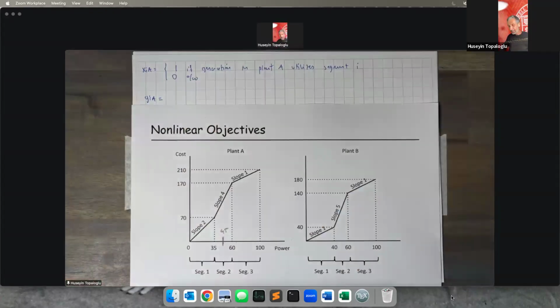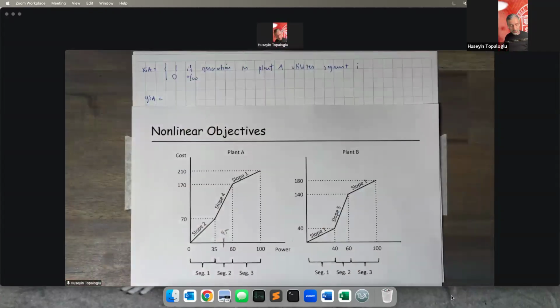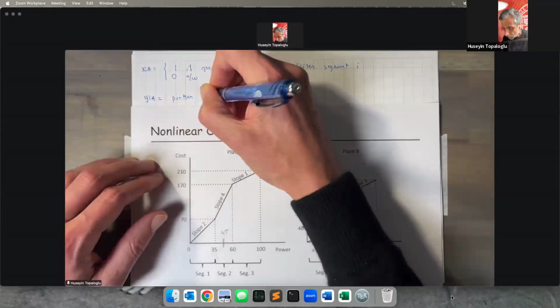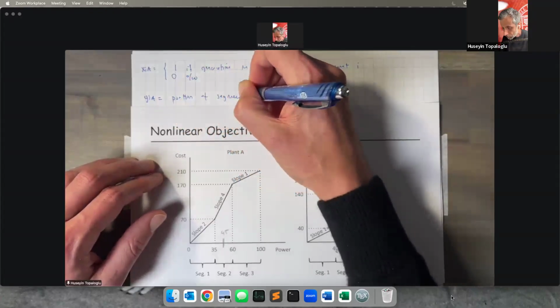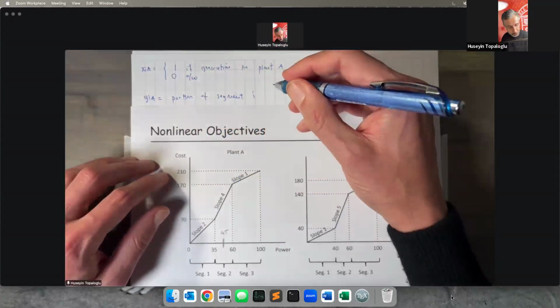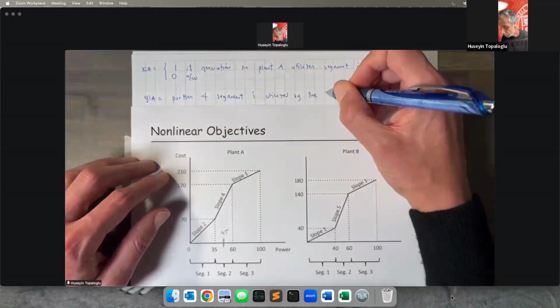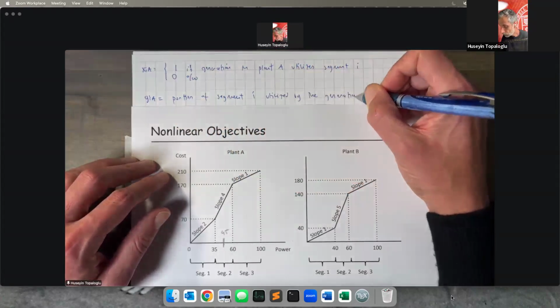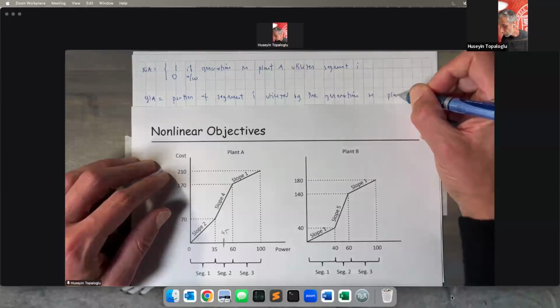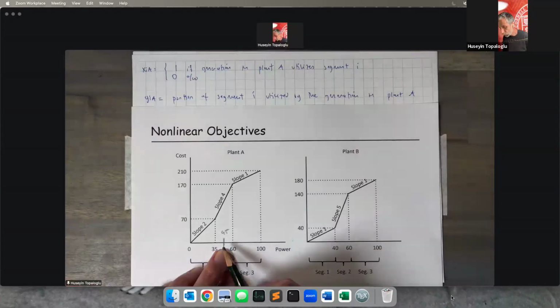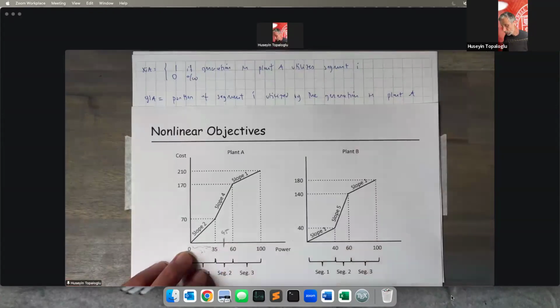Let's call it y_ia. And that is going to be the portion of segment i utilized by the generation in plant A. For example, again, if you're generating 45 units of power in plant A, in segment 1, we're utilizing 35 units.